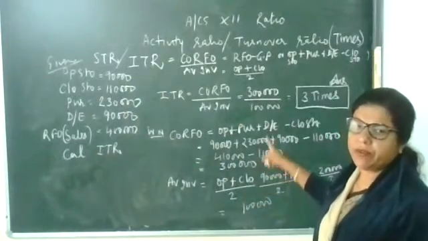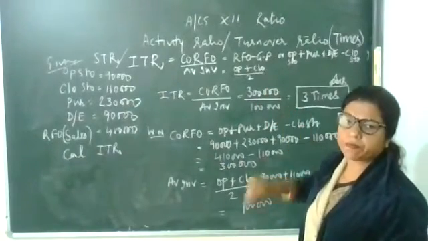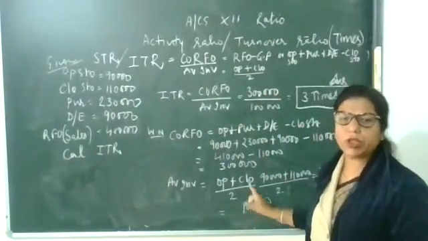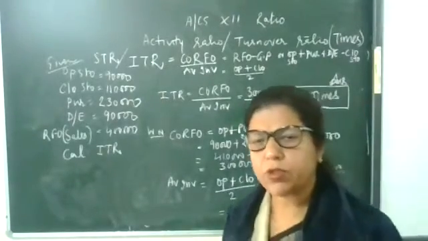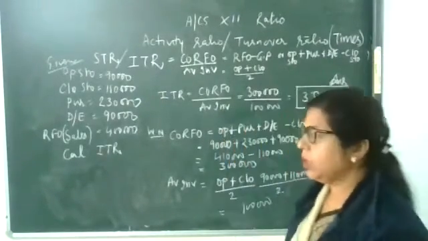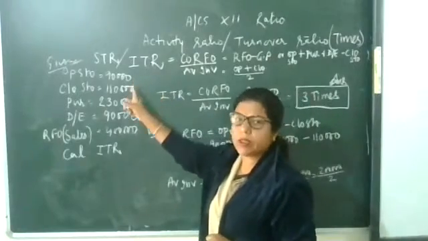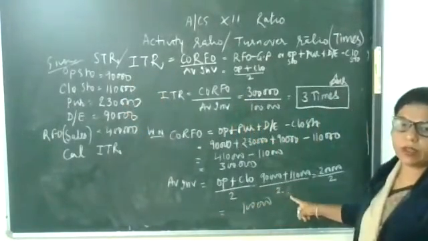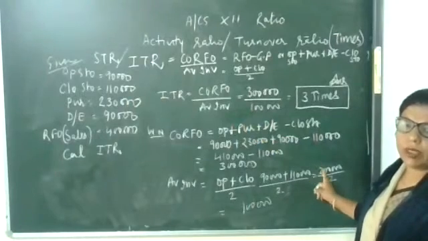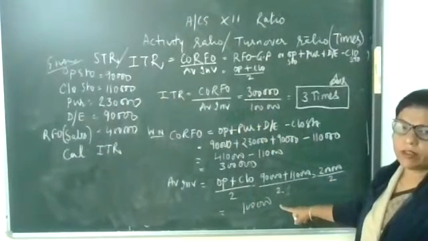And this 3 lakh we will put in the formula. Now the simple formula for average: opening plus closing divided by 2. So here this is opening, this is closing. 90,000 plus 1,10,000 divided by 2. 2 lakh divided by 2, that is 1 lakh.